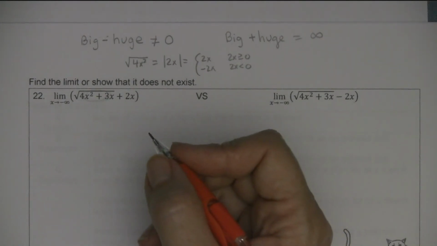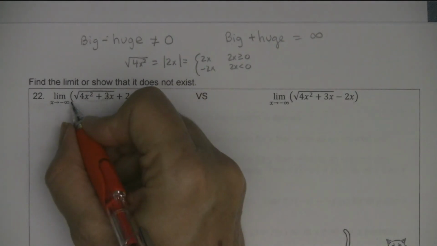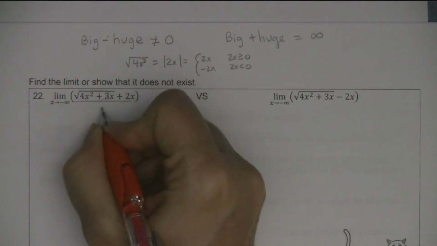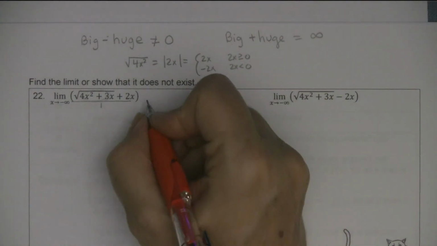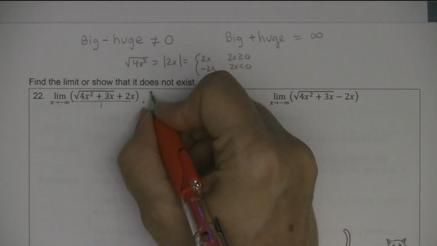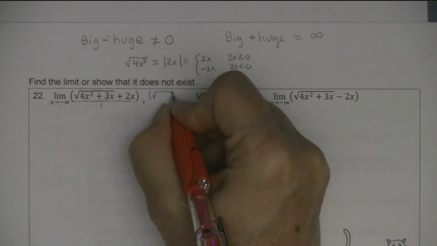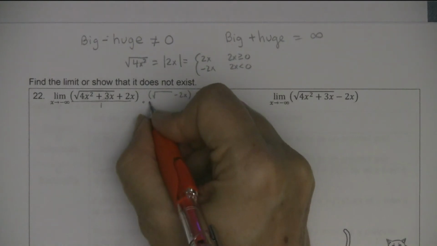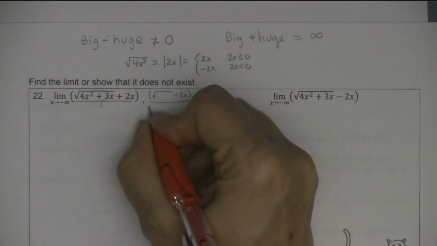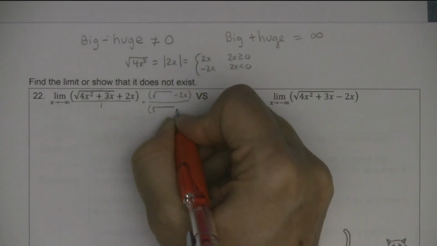So what you have to do is put this over 1, and multiply this by the conjugate. So I'm going to multiply here by the conjugate.